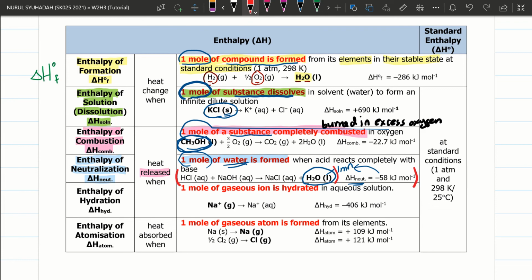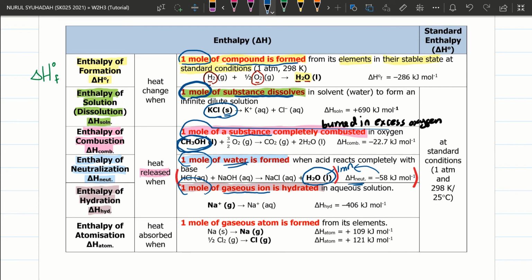The next one that is still in terms of heat release is enthalpy of hydration. Enthalpy of hydration is heat released when 1 mole of gaseous ion is hydrated in aqueous solution. Your 1 mole here must refer to a gaseous ion, and it must be 1 mole only.